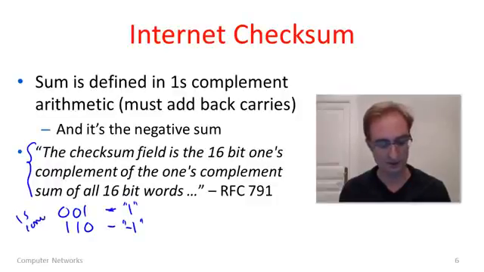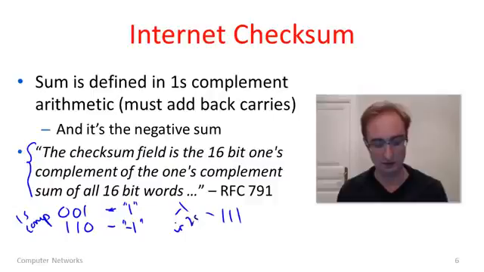The computers we use perform addition where all of the binary numbers, the integers, are represented in 2's complement form. To get 2's complement, you do 1's complement and you add 1. So for instance, this -1, 110, if I add 1, I would get 111. This is actually -1 in 2's complement.